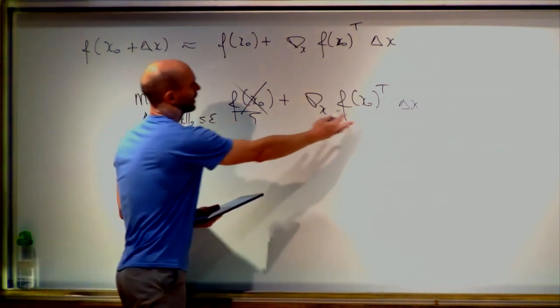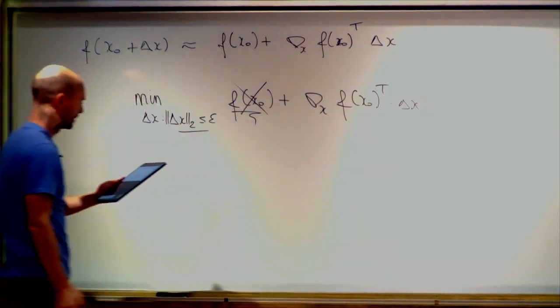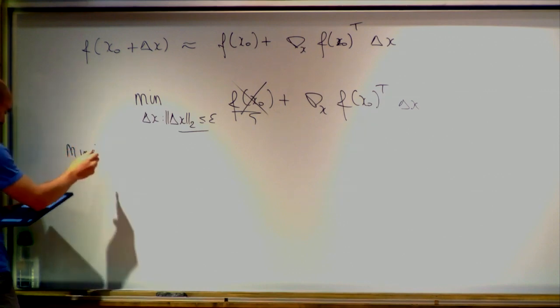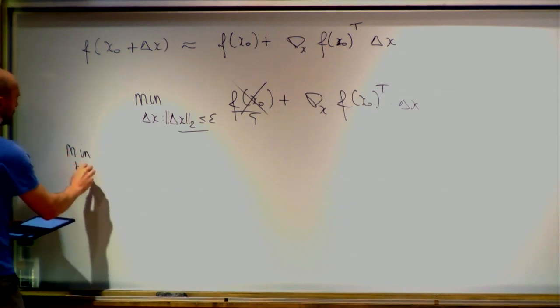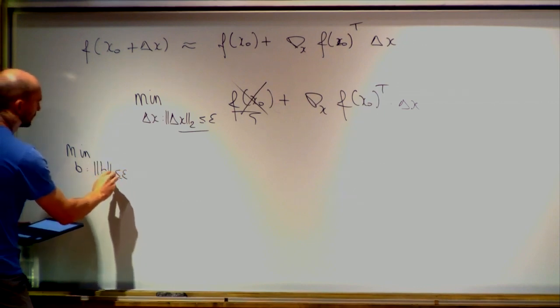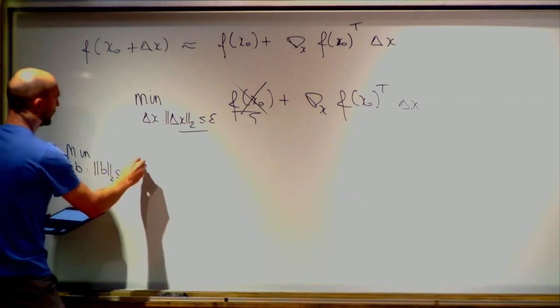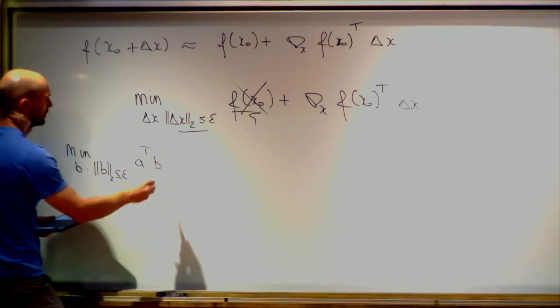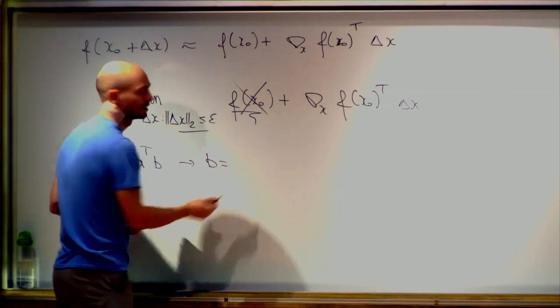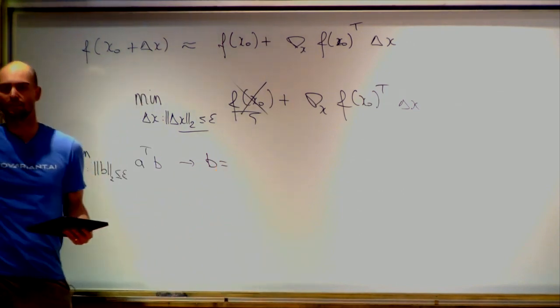Well, this is just a vector. We know that if we try to find, for any two vectors a and b, the minimum over b, such that the norm of b is smaller than epsilon, of a transpose b, then we need to take b in the direction of a, but actually the negative direction of a.